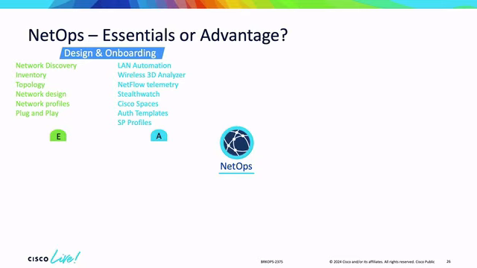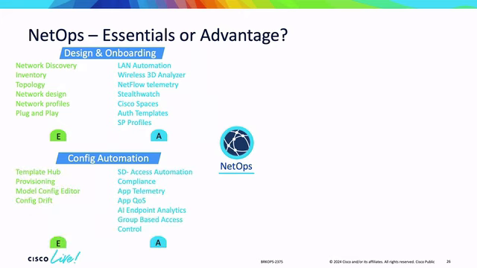Again, if you want to reap the benefits of Cisco Spaces for real-time user monitoring, if you would like to use service provider templates in your SD access deployments, you will need an Advantage.